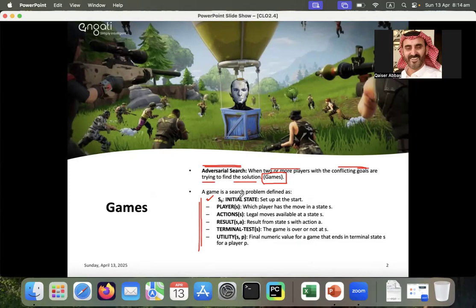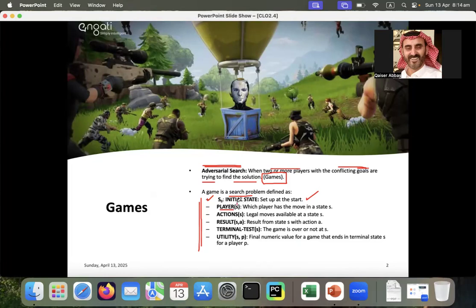So S0: all games will have some initial state. If you have any kind of game, you have to set up the starting state, build the initial state. Then players: it can be 2 players, 3 players, whatever.